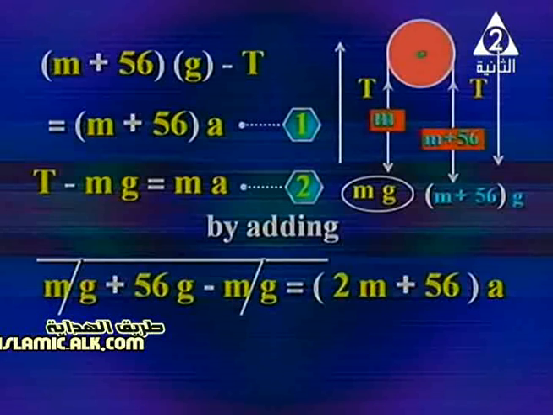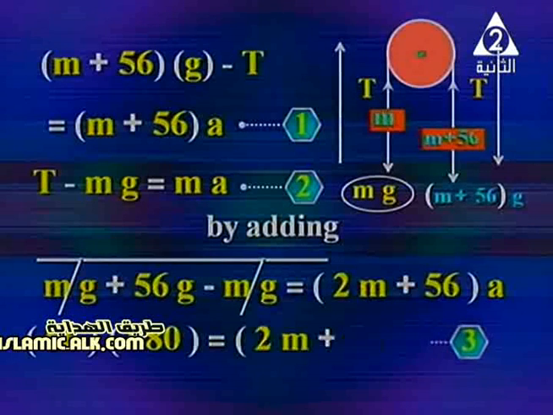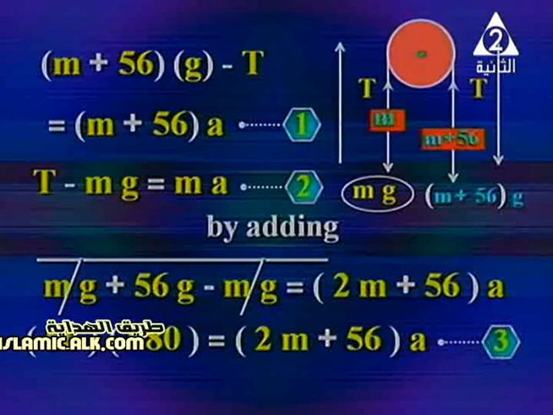Look, mg minus mg equals 0, then we find the value of acceleration: the left hand side is 56 times 980, the right hand side is (2m plus 56) multiplied by a.